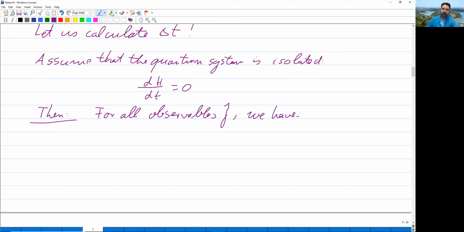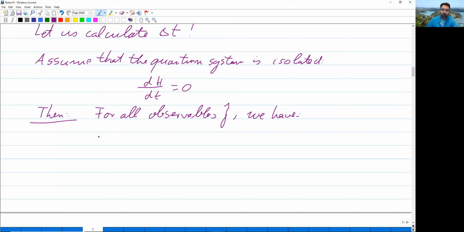Remember that the Heisenberg equation of motion is only valid for an isolated quantum system. We have not yet in this course investigated how quantum systems behave when they interact with another quantum system or with the outside world. We will cover that. But for now, we just derived the Heisenberg equation for an isolated system.